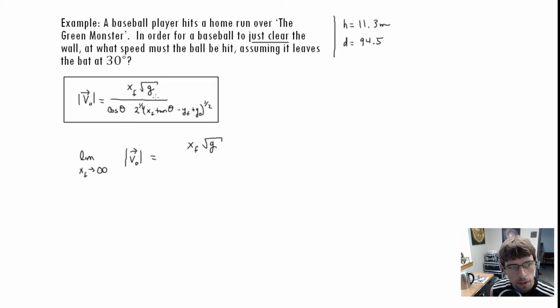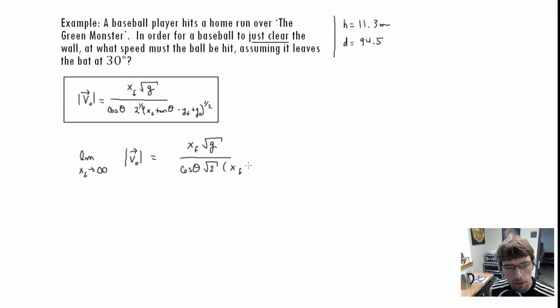Down here, you get cosine of theta. You have the square root of 2, so I'll keep the factors of 2. Now here, I get a really big number and a really small number added to it. X final is going to infinity. If I add a small number, it's still basically infinity, so I can throw out that stuff.